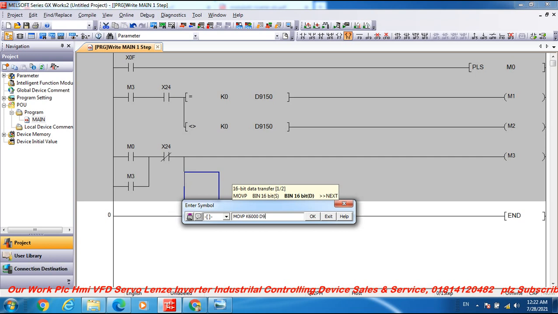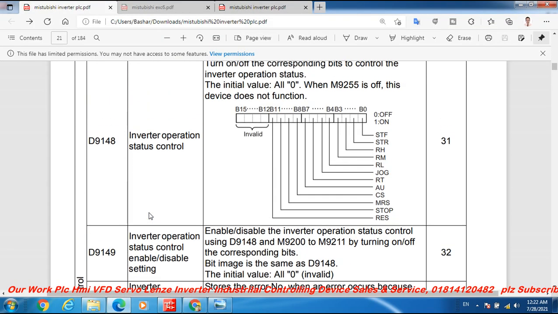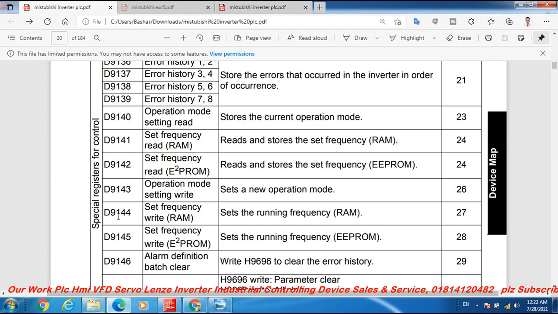D9144. D9144 means set frequency write RAM, and set the running frequency RAM. D9144 set frequency write.